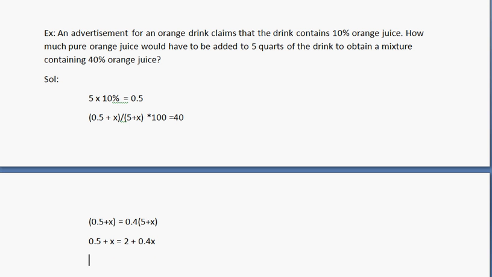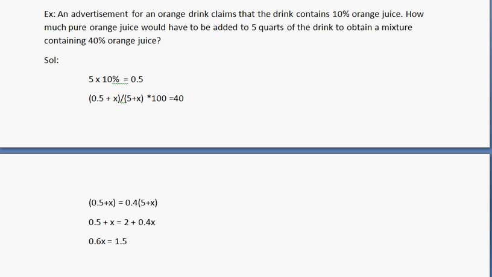Solving this, we get 0.6X is equal to 1.5, or we can find X is equal to 15 by 6, which is equal to 5 by 2, which is equal to 2.5. So we have to add 2.5 quarts so that we get 40% orange juice.